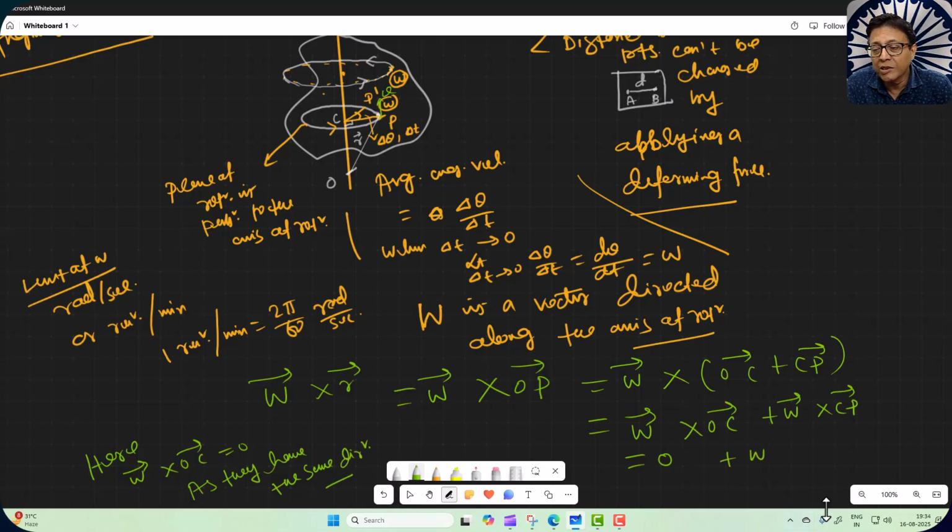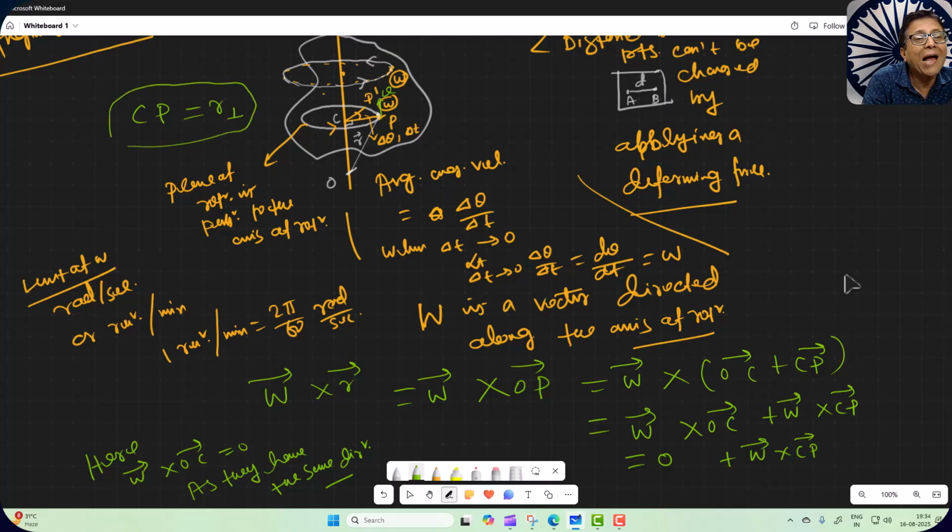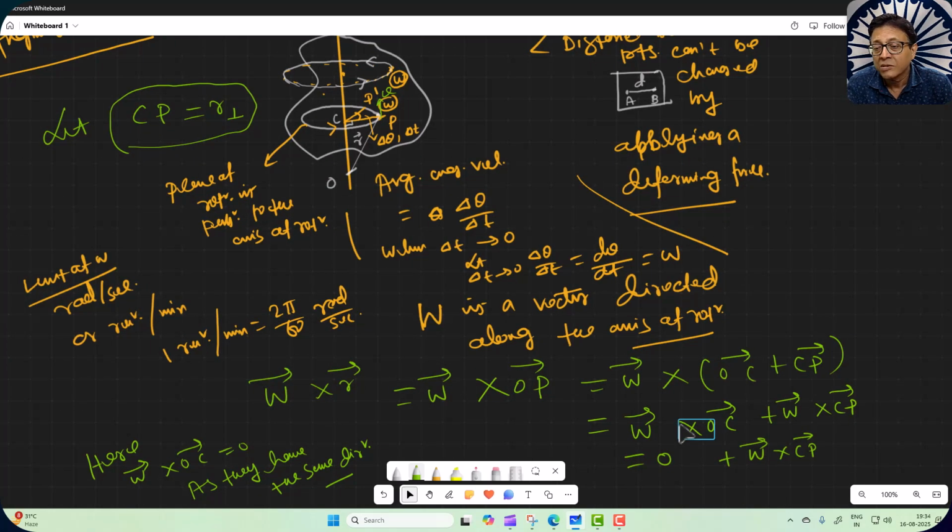So this will be omega cross CP. So omega cross r is coming to be omega cross CP. CP stands for what? This C to P, you take r perpendicular, the perpendicular distance from the axis of rotation. Then omega cross r is going to be omega cross r perpendicular.